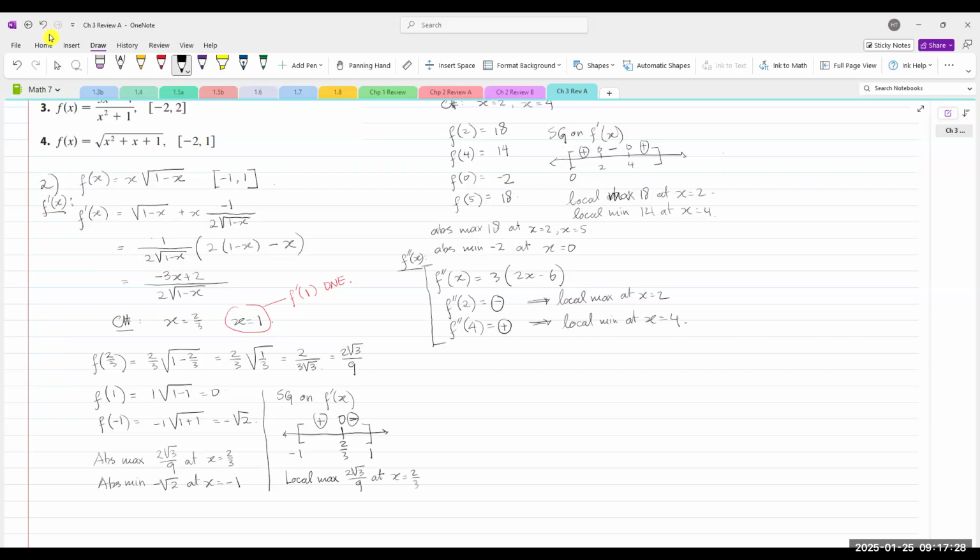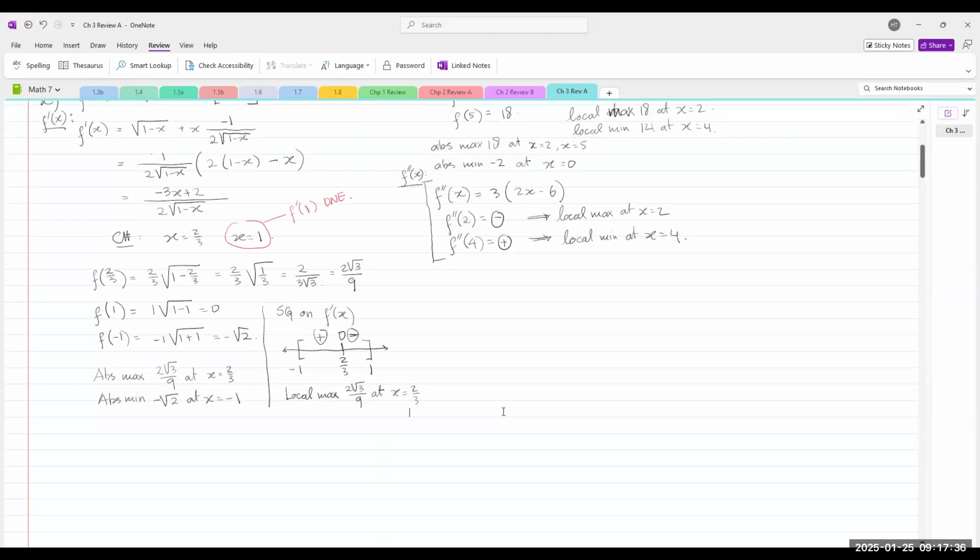Now, according to our textbook definition, the endpoints negative 1 and 1 cannot be considered local minimums. Okay, but in my point of view, we still can call that a local minimum at negative 1 and 1. According to me.